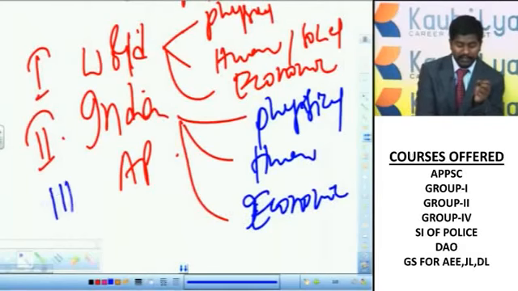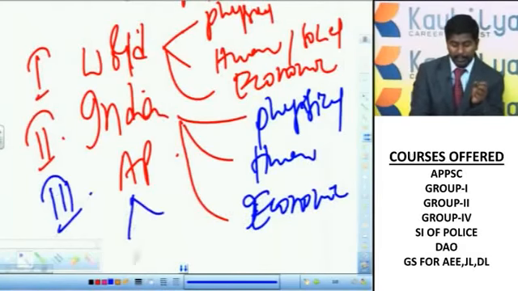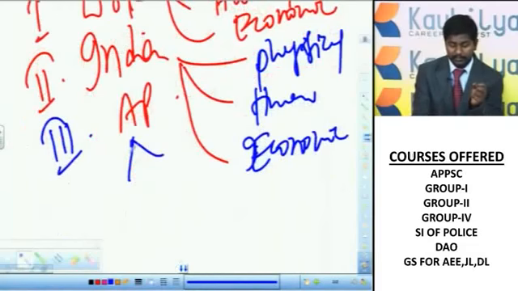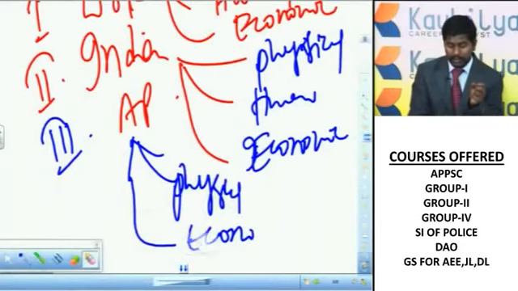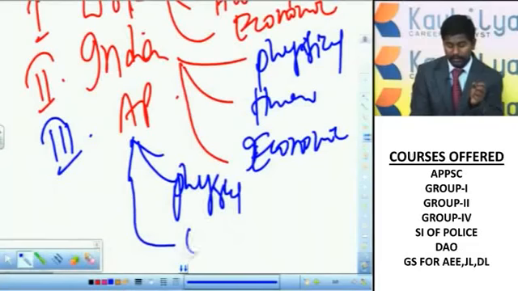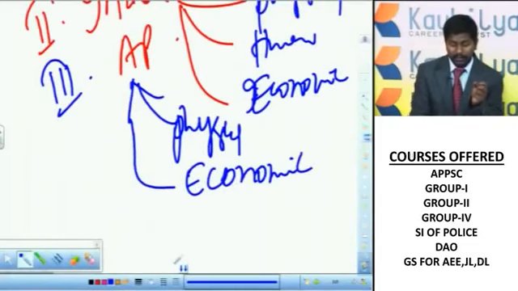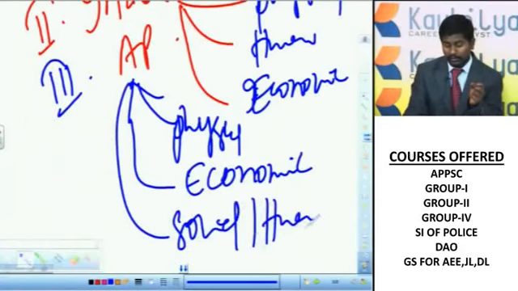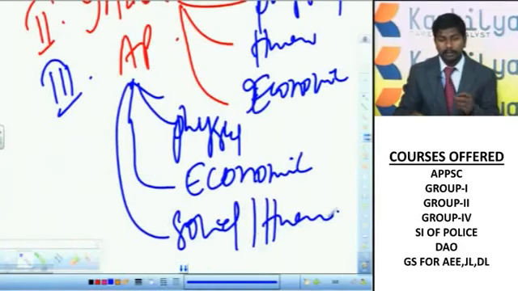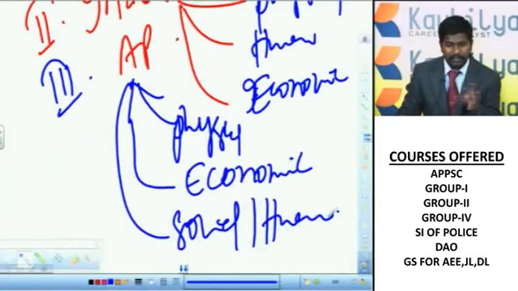Similarly, in AP geography there are AP physical geography, AP social or human geography and AP economic geography. So in Indian geography there are 3 components, in world geography 3 components and in AP geography 3 components.